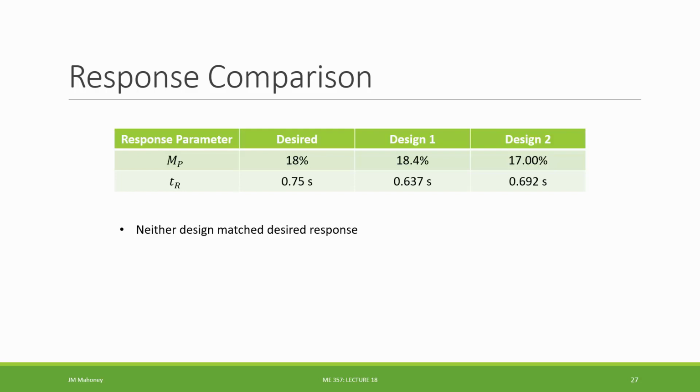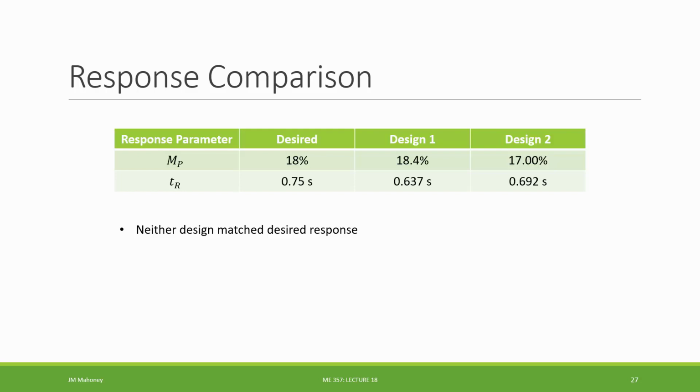So very likely there is a better combination of the 3 gains out there, at least in terms of getting me closer to those desired response parameters for this problem. I just need to find what they are. Starting with the root locus method got us fairly close for our initial design, but not exactly there.